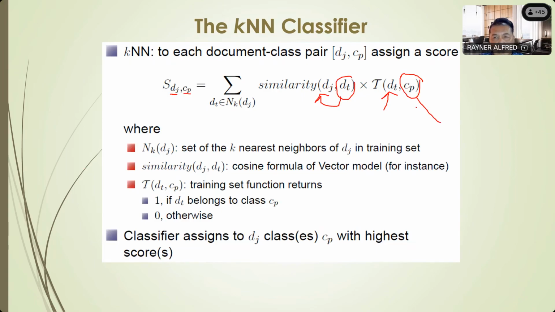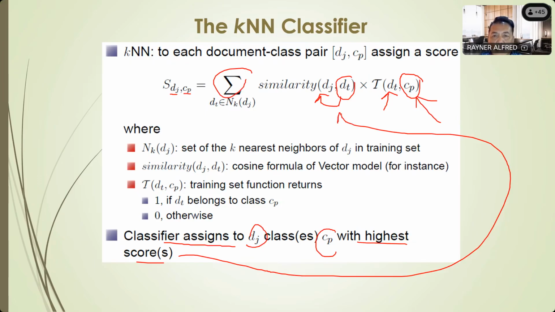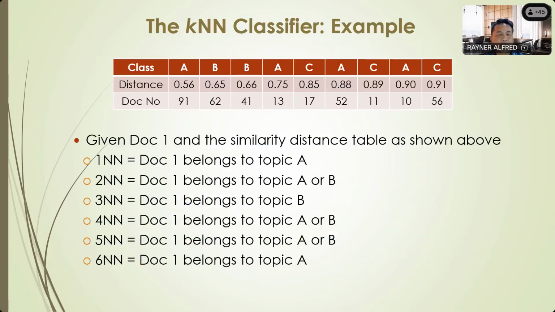We will count how many of them, and we assign the label depending on which one gives you the highest number of documents. So the classifier assigns the document to the class with the highest score. Score here refers to the number of nearest neighbors that we have.